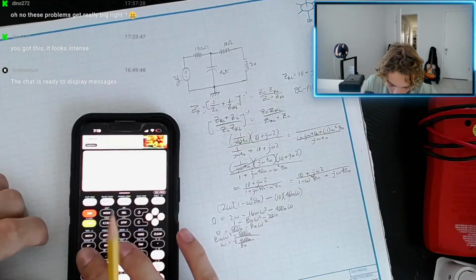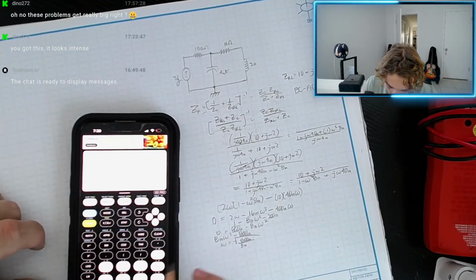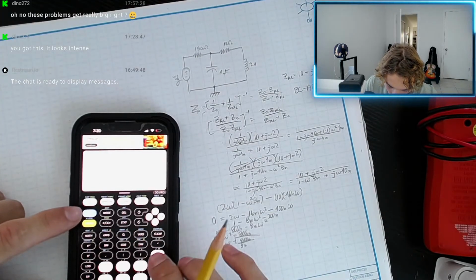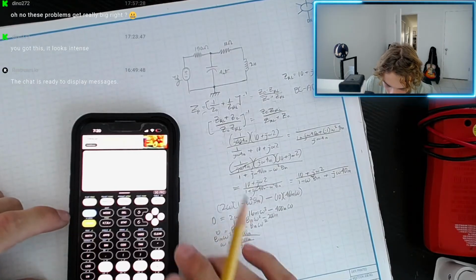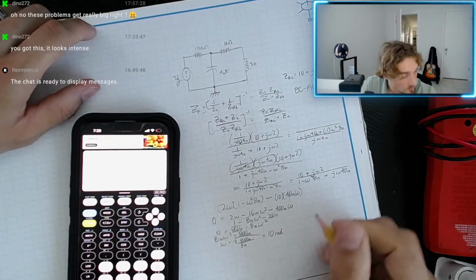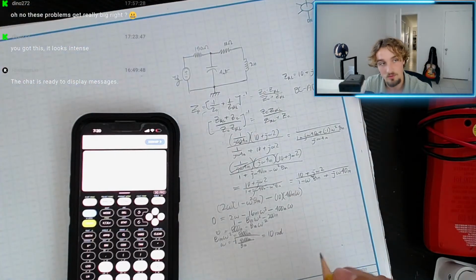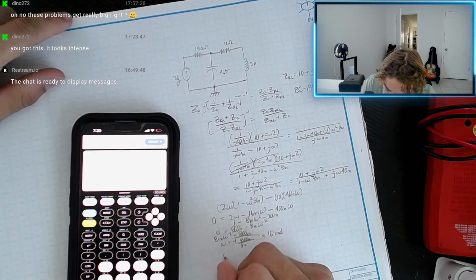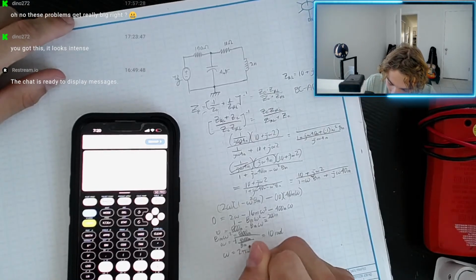Alright, so square root of 800, I guess just divided by 8, we can just do that, 10. So omega equals 10 radians per second. And we were looking for frequency. That's why I initially said I was wrong, because I forgot the one little step of omega equals 2 pi f.